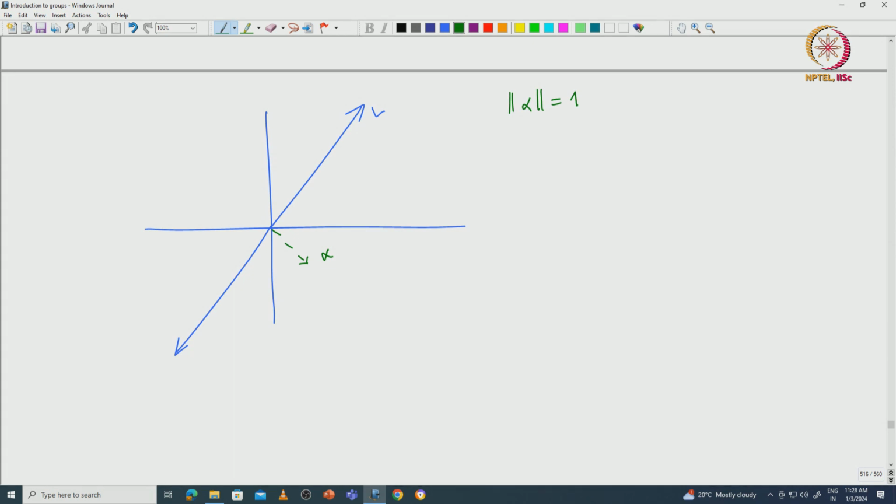Then it's clear that this L is given by alpha perp. Alpha perp is nothing but those vectors beta in R2 such that beta dot alpha is 0. Okay. So this is indeed a line, which is a one-dimensional subspace of R2. So this is the y axis, this is the x axis, and you have this line passing through here, given by this normal unit vector alpha. Okay. So basically L is alpha perp.